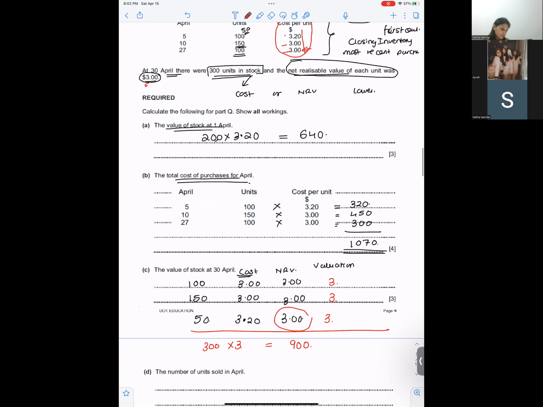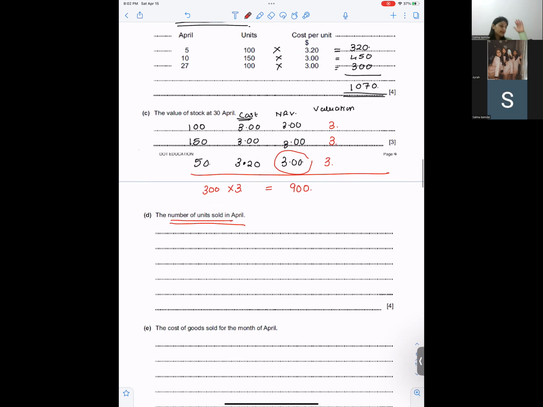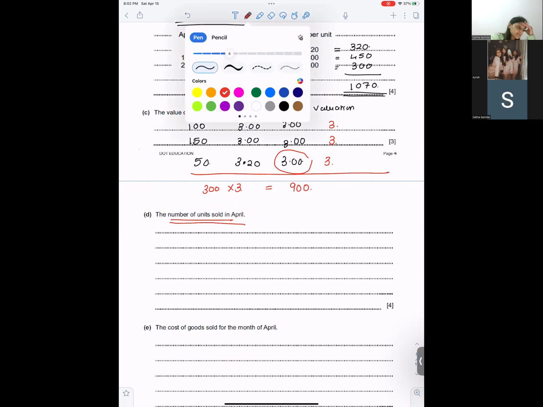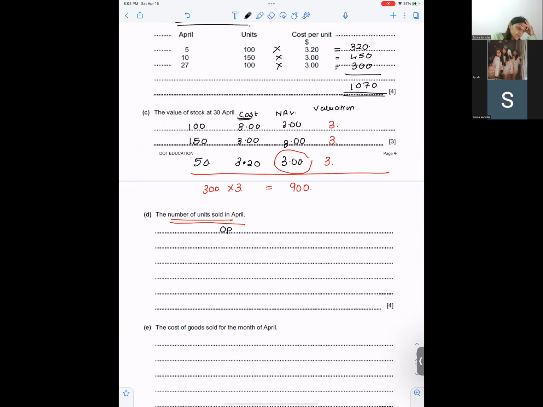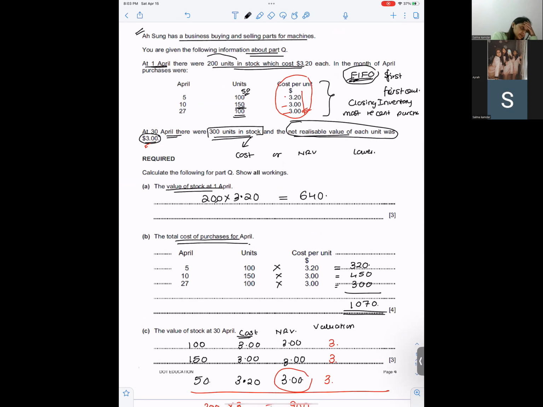Can you tell me the number of units that is sold in April? How do you calculate the number of units sold? It will be opening inventory plus purchases minus closing. What was the opening number of units that you had? Opening was 200 units.